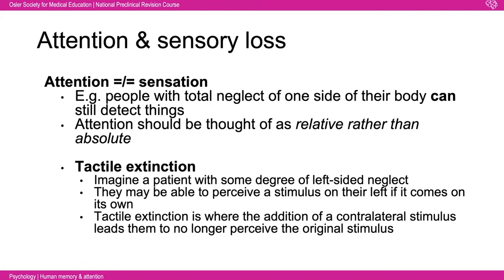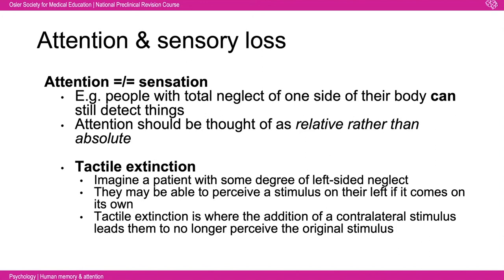So attention should definitely be thought of as something that's relative rather than absolute. And to demonstrate this, for example, if someone does have total neglect of one side of their body, they can still detect things if you strongly cue them. So, for example, if they had left-sided neglect and you were asking them to detect sensation on that side, if you made a noise over on that side, they might be much more likely to detect that sensation.